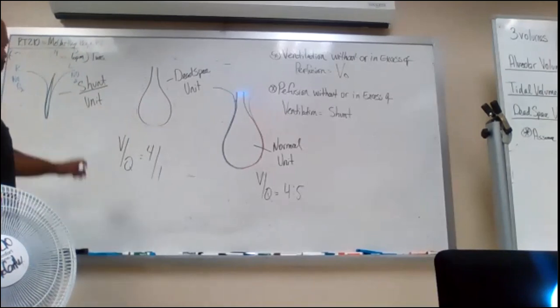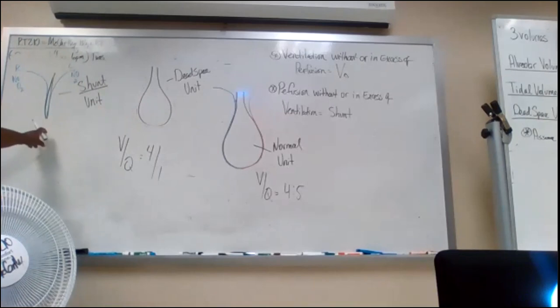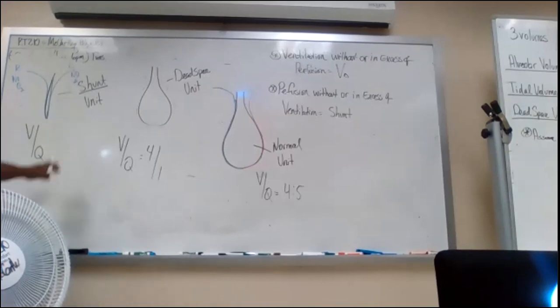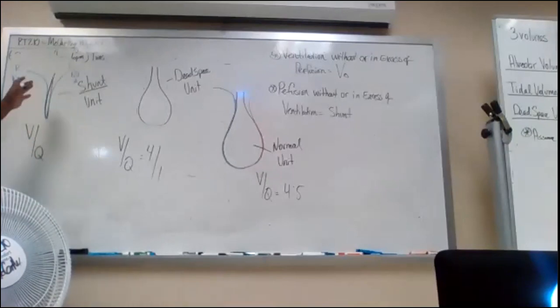Okay? What about this one? Tell me what you think this VQ would probably be. So it would probably be, ventilation, right? Just give me some numbers. Ventilation is the top. What's going on right here? It's not open.